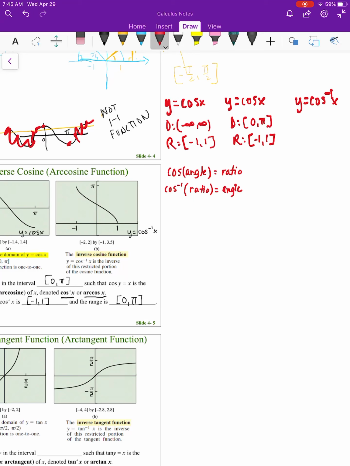But then when we found our inverse, our range became our domain, and our domain became our range.